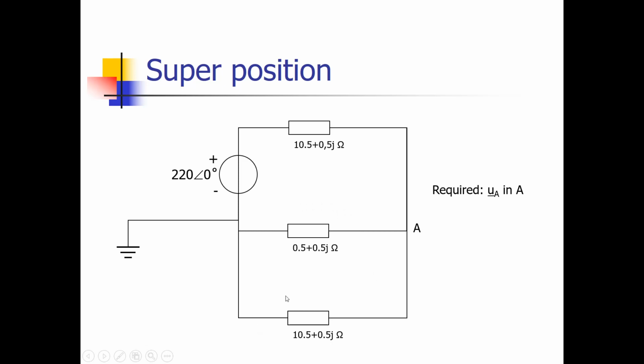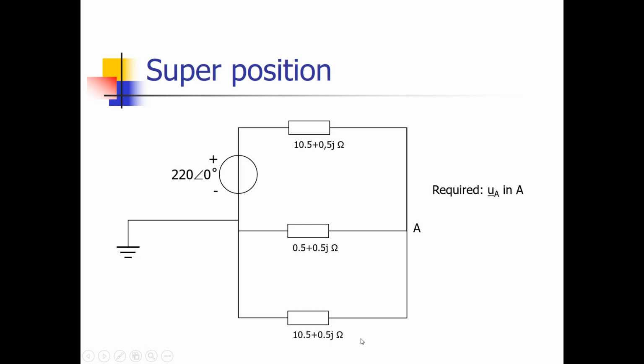And then we can calculate a replacement impedance. Because these are only two impedances, we can also say the replacement impedance is this impedance multiplied with that impedance divided by the sum of this impedance and that impedance. And then we also get a complex impedance.